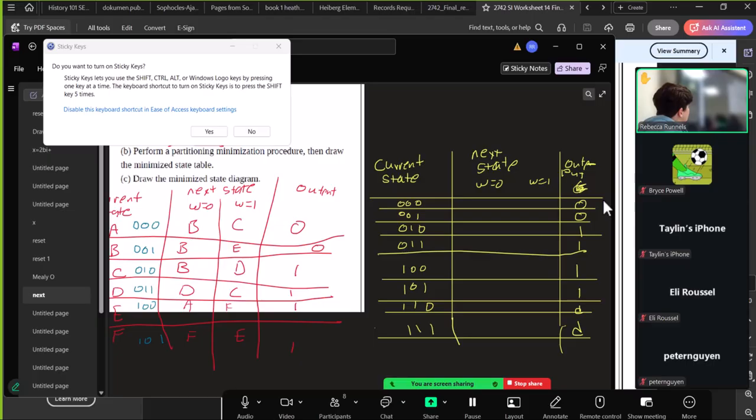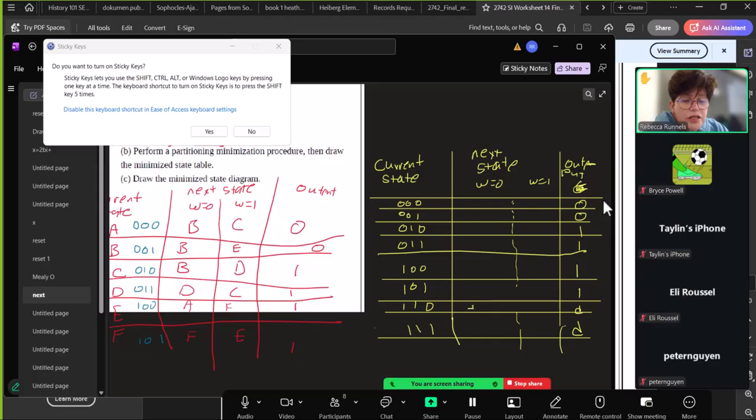The thing that's different is because I had 3 flip-flops, I have to put all 8 possibilities. So I only had 6 states, but I need to put all 8 binary numbers from 0 to 7 in there. So my last 2 states are going to be don't care.